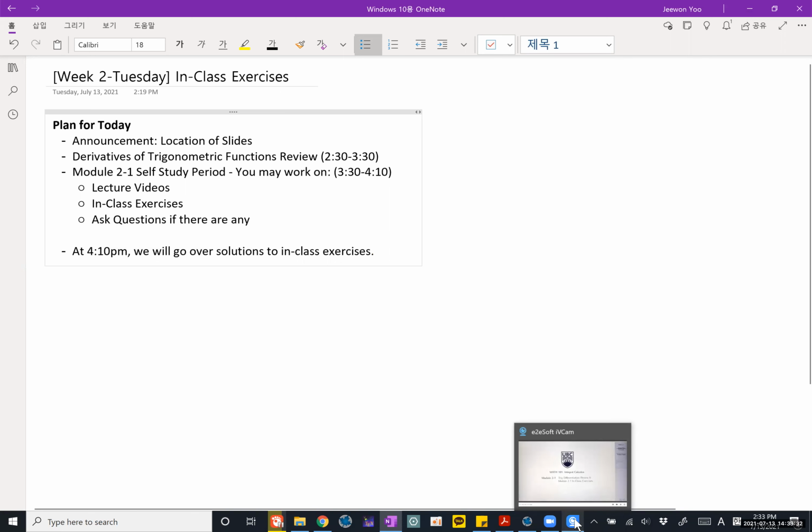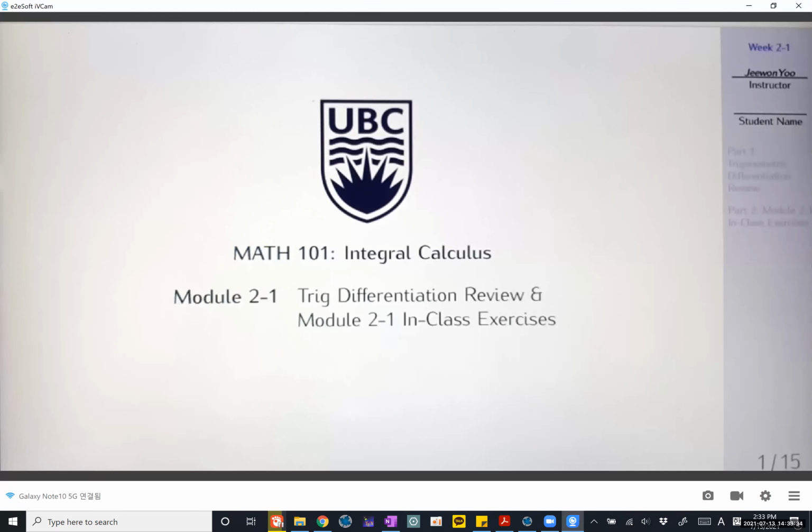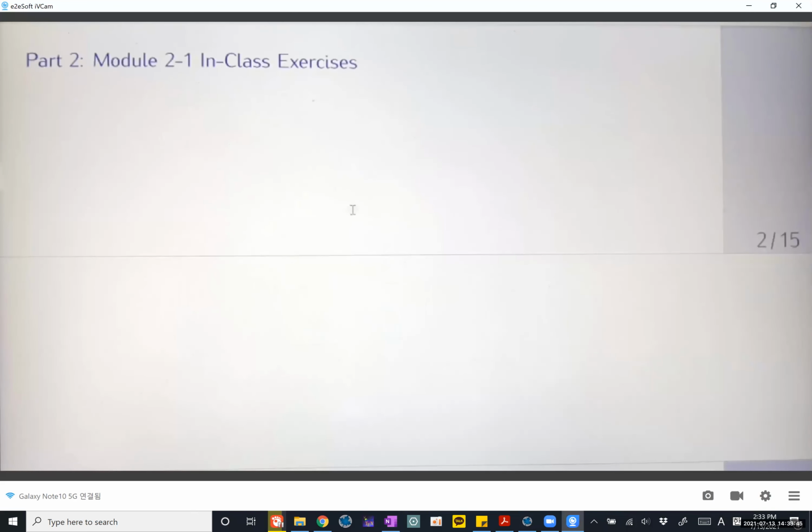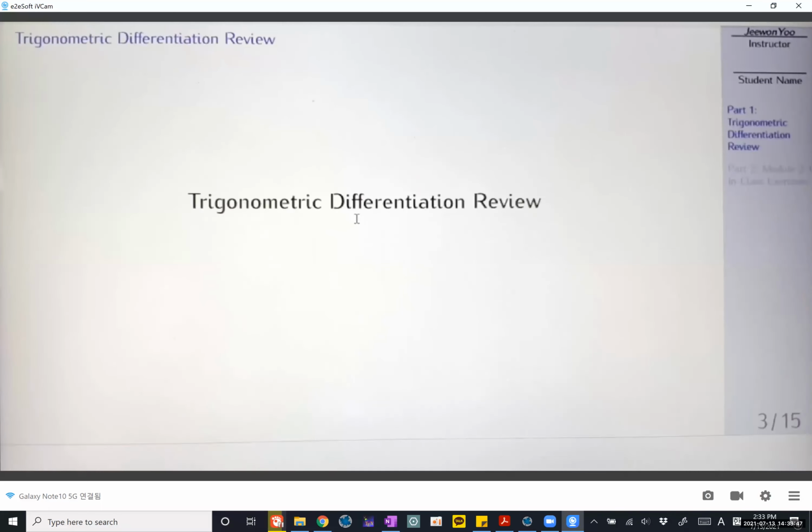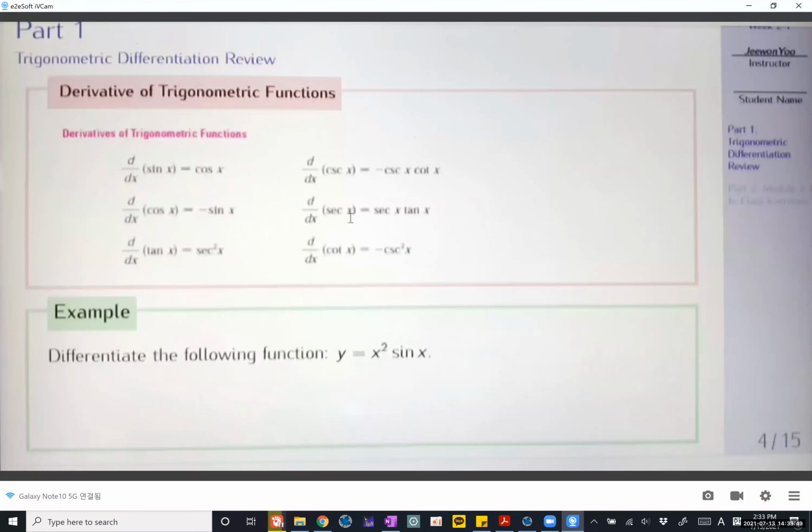Are you guys ready? We're going to start doing some calculus 1 stuff, derivatives of trigonometric functions. Not so much, but just enough for the integral course.